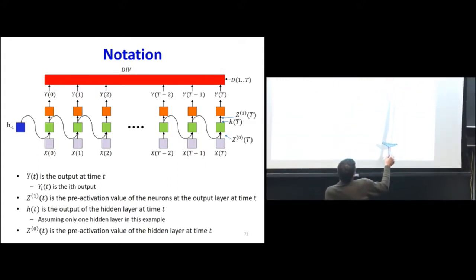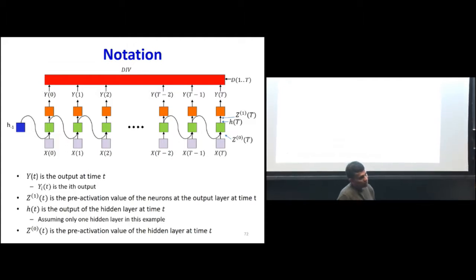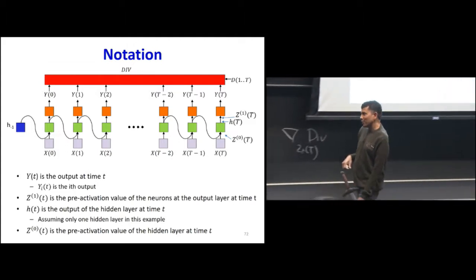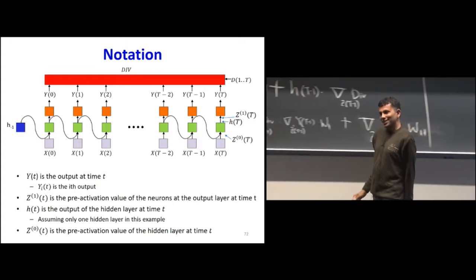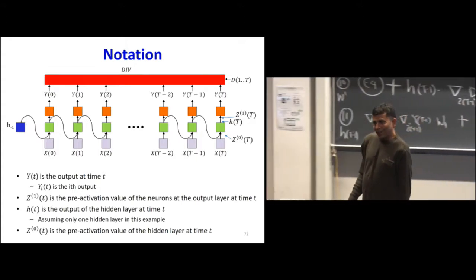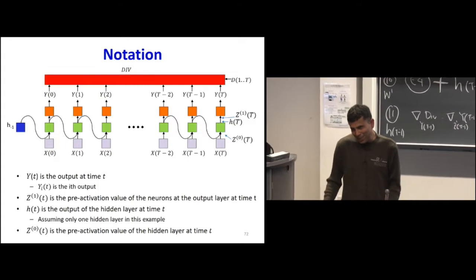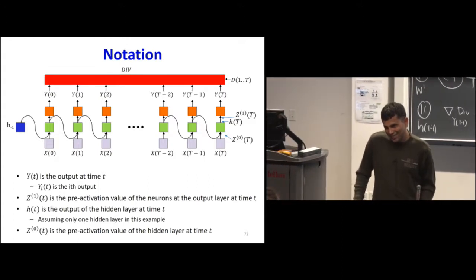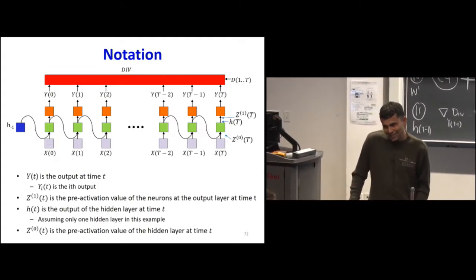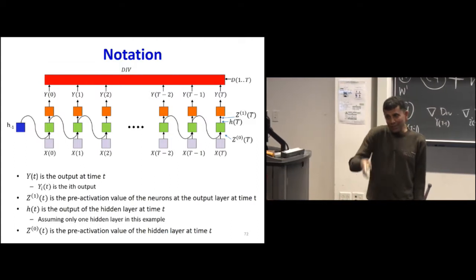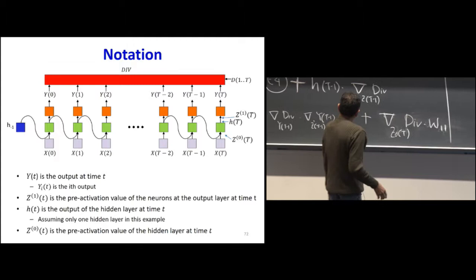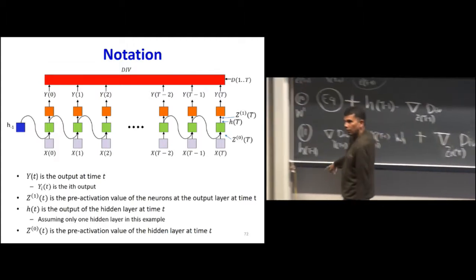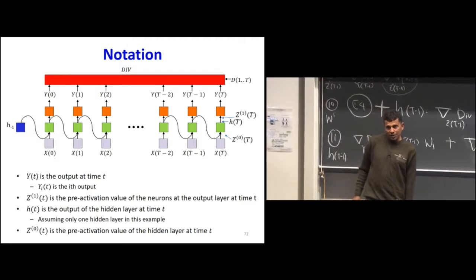What is the next term I would compute over here? Munira, what is the next term I would compute down the chain? Speak up loudly, please. If I'm following my derivatives backwards, where have I currently stopped? I have stopped at h of t minus 1. What happens after h of t minus 1?